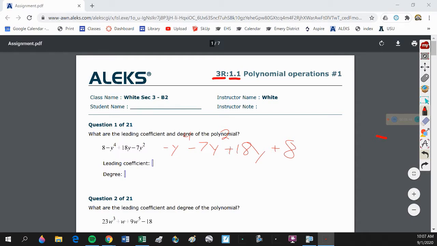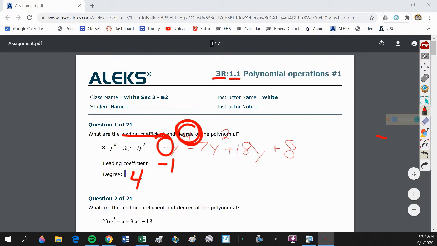This question asks, what is the leading coefficient? And in this case, it would be the number -1. Everybody follow that? The leading coefficient is the number in front of the largest exponent. Okay? And then the degree of the polynomial is the exponent that is the largest, so the degree is 4.